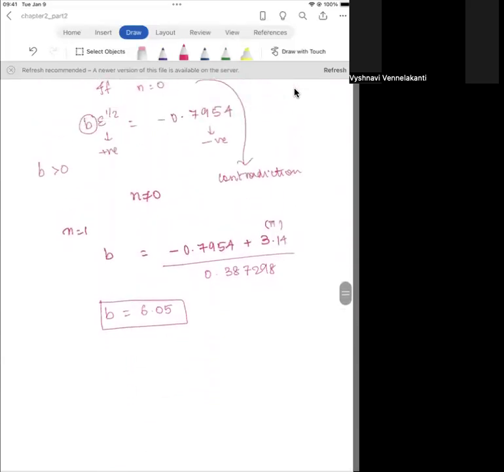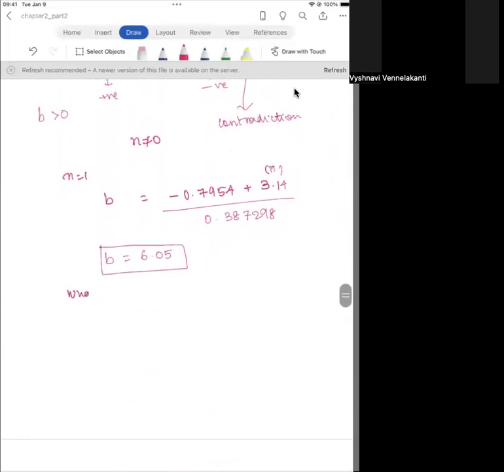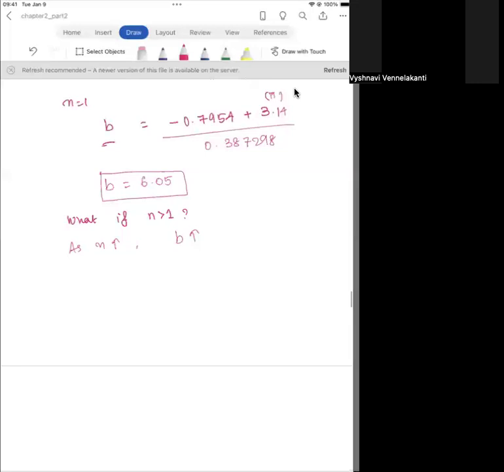Oh, before getting into that, what happens if n is greater than 1? What if we go for n equals 2, 3, or 4? As the value of n increases, the resulting value of b is also going to increase, because you're adding a big number. Now, let's see how that impacts the width of the well. The width of the box is going to be b h over 2 pi, like this.